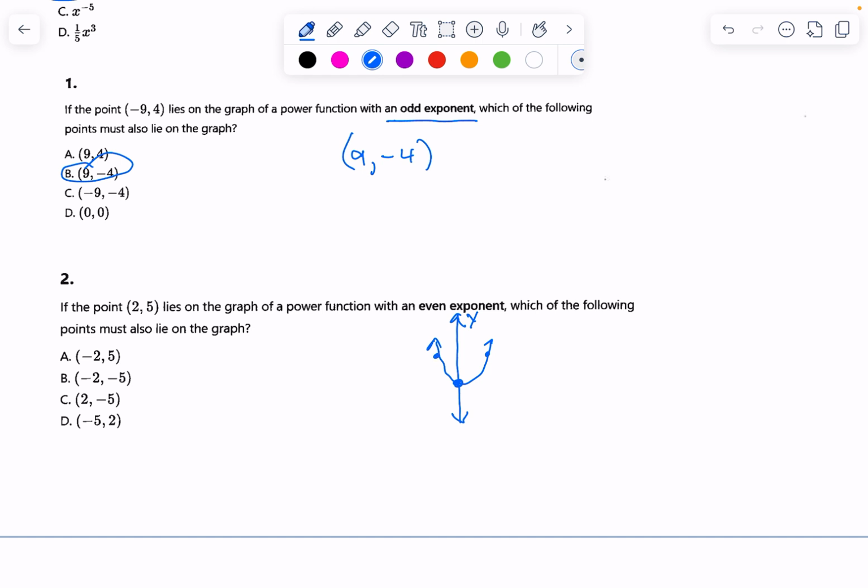So what changes is the x coordinate. So 2 comma 5 becomes negative 2 comma 5, right? The 5 doesn't change, because this would be the line like y equals 5. That doesn't change. So it'd be negative 2, 5, which is a.